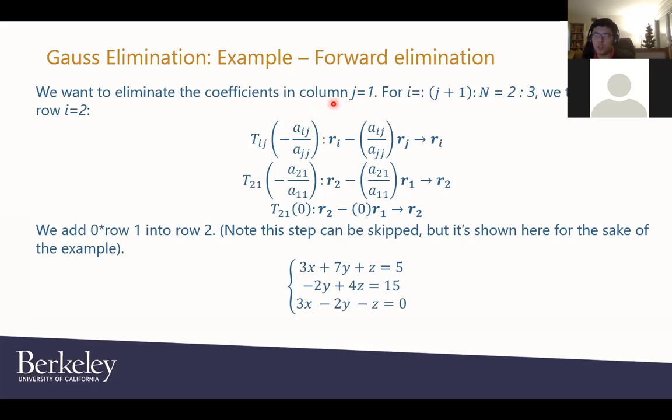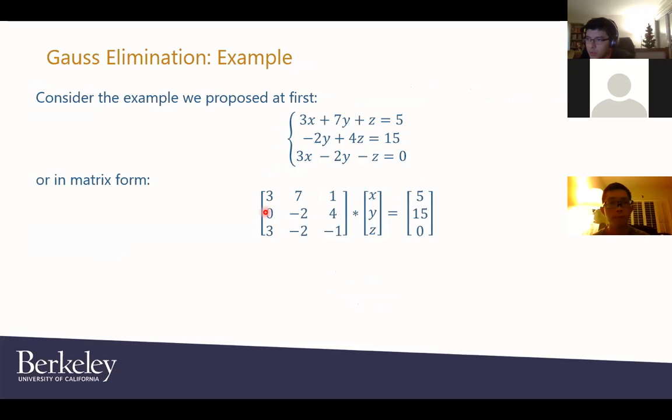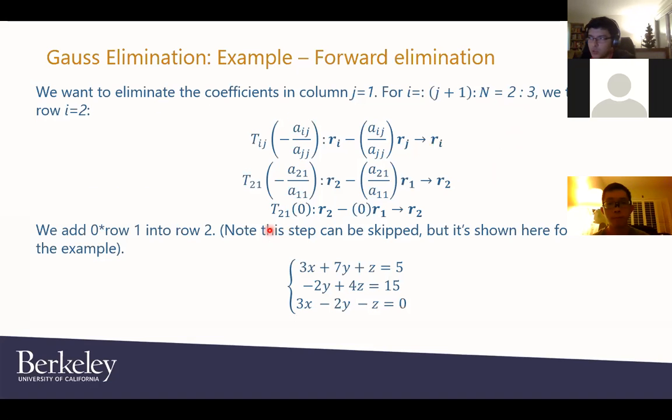So for the column j equals 1, and for the rows i equals j plus 1 through n. So in this case, 2 and 3. Again, everything below the diagonal. So let me jump back for a second. First column, this guy. Rows 2 and 3, this and this. We want to turn them to 0.